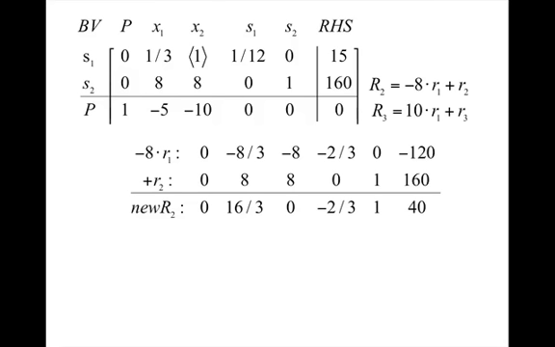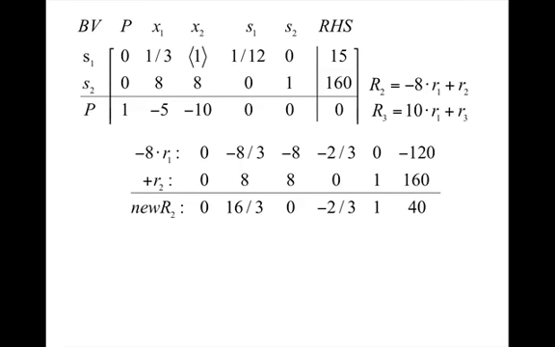So -8 times row 1 gives me 0, -8/3, -8, -2/3, 0, and 15. And I do encourage you to use your calculator for these, especially with the fractions.